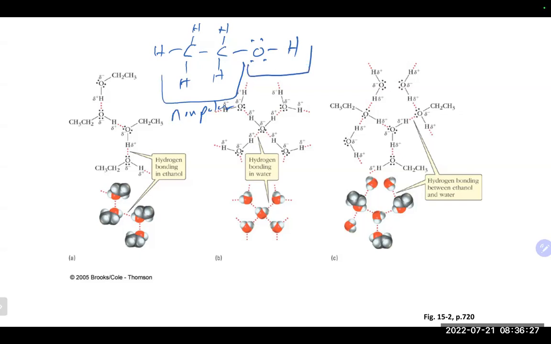But what it does have is this bond right here, which really is a polar bond, and is actually a pretty good polar bond because that's a hydrogen attached to an oxygen. And that allows something like ethanol to actually interact with something like water, which also obviously can hydrogen bond. And we could get some hydrogen bonding happening between those two.